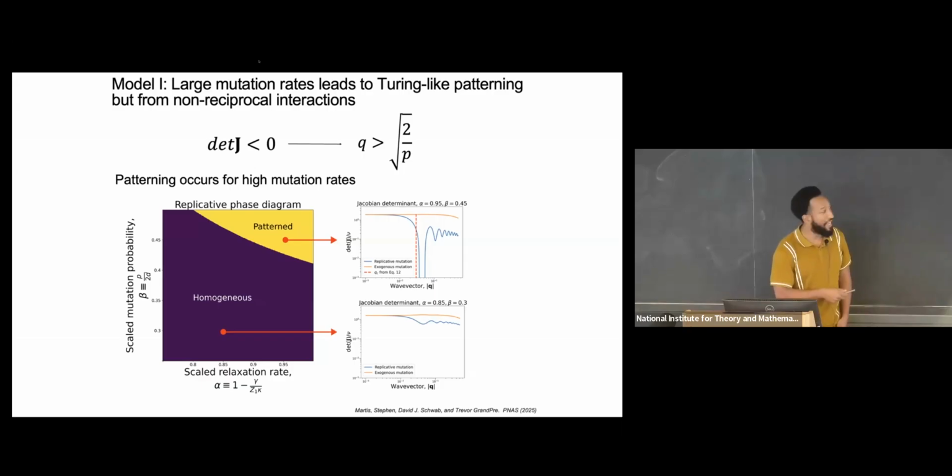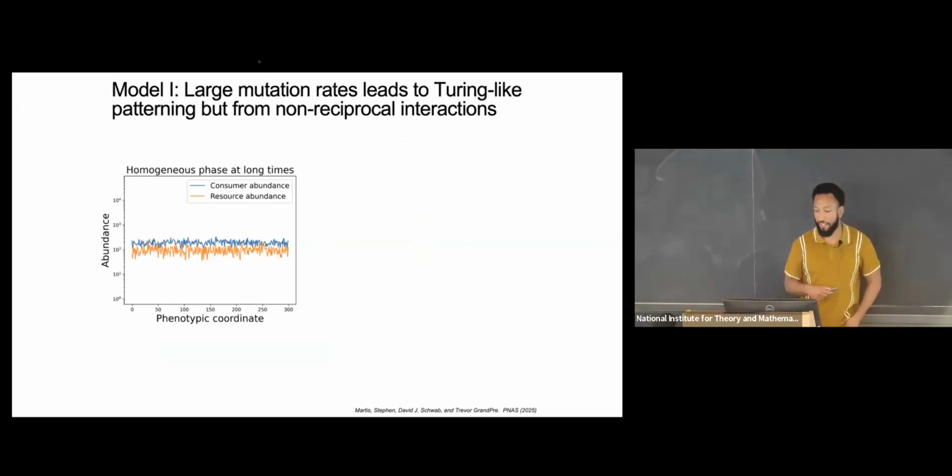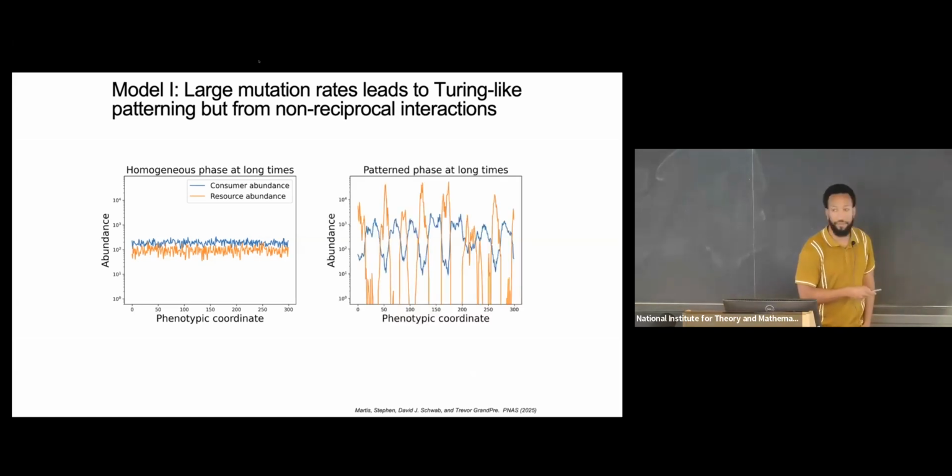But the idea is you can get patterning, and actually we simulated this. This is showing you the lattice version, a simulation with the fluctuations, where you get the homogeneous phase, and then in the patterning phase you get something like a Turing instability. This is just 1D, and you get these peaks, so the resources are here and the consumers are here, and these peaks form in this instability.